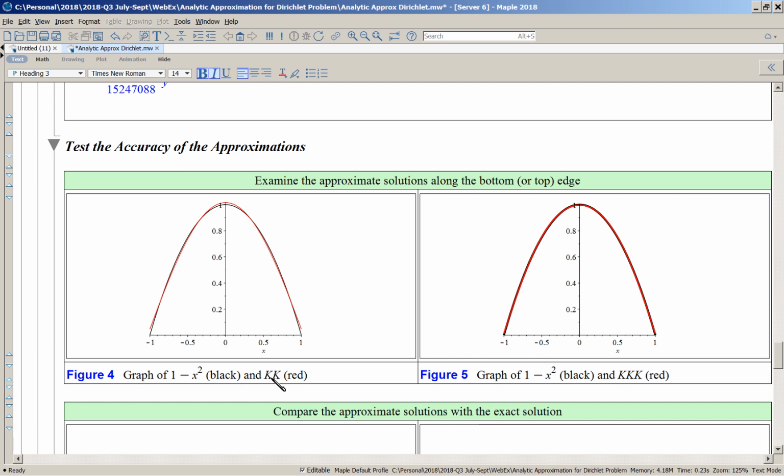So here is the 2-term approximation. Remember, this is the Maple approximation. I graph 1 minus x squared in black, and in red is the 2-term approximation. Close, not perfect. This is the 3-term approximation. Well, you can't see a difference between them visually, graphically. How else can we compare these?